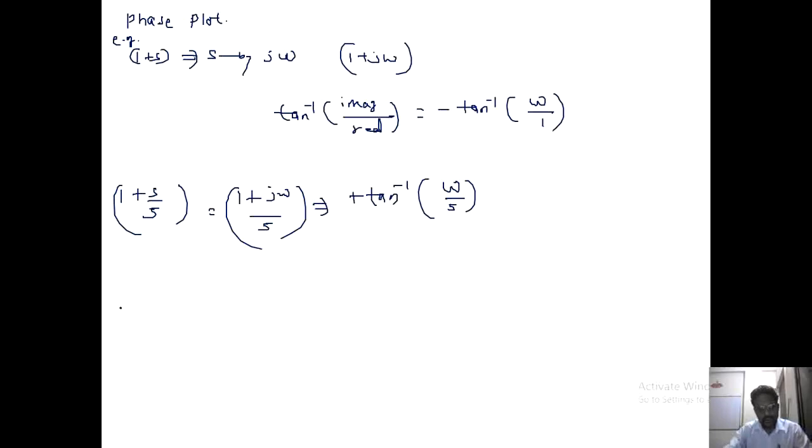Now what about a quadratic pole? The quadratic pole is 1 plus 0.041 s plus s square by 121. Replace s with j omega: 1 plus 0.041 j omega plus j square omega square by 121.